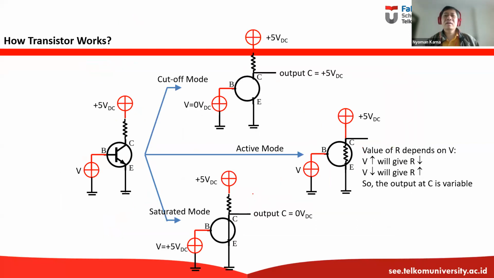Okay. Now, based on the transistor effect, we can have three types of working mode for the transistor. First one is the active mode. In active mode, there will be a current going through from the base to emitter, and then there will be a current move from the collector to the emitter.